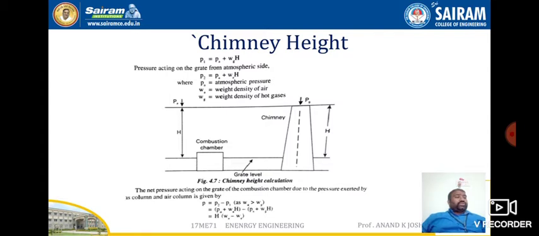This pressure is always small, less than 12 mm of water, and can be increased either by increasing the density of the air or by reducing the density of the gas. This all depends upon the density of the air and the hot gases.